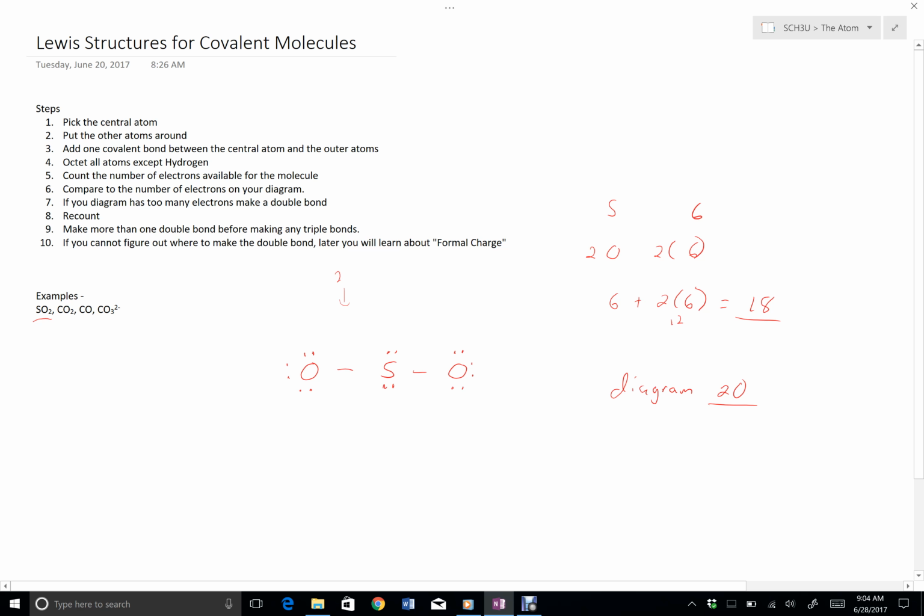So the way we can handle this is by taking away some of these electrons and replacing them with a double bond.